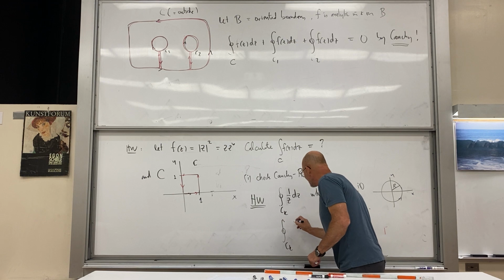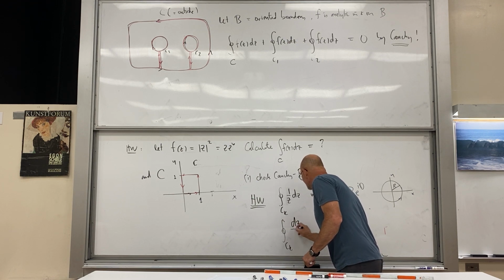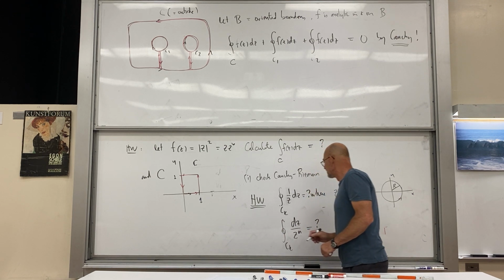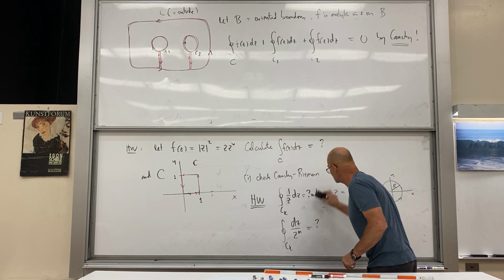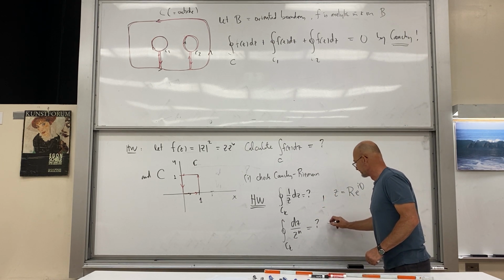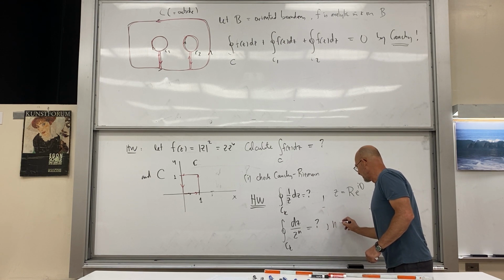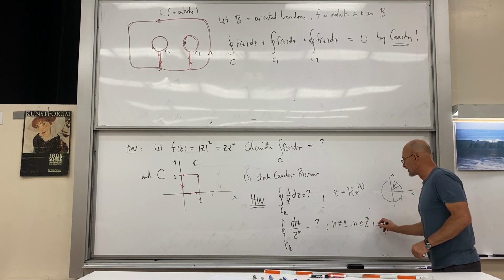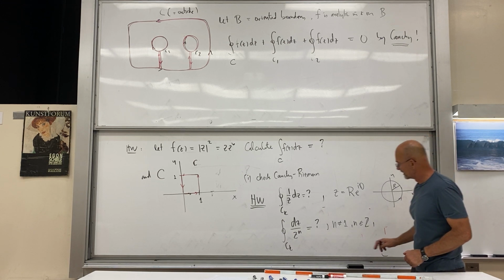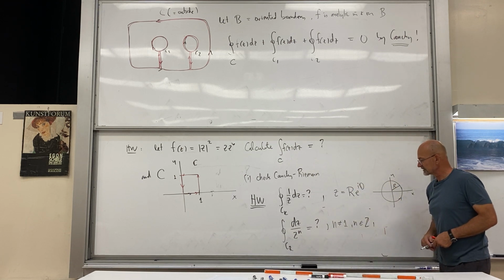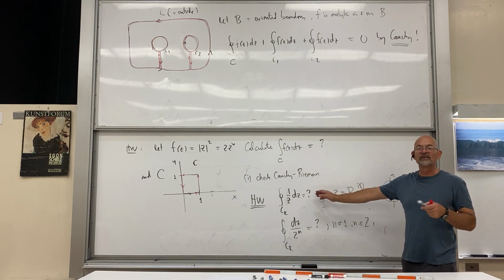Once you've done that, go ahead and calculate dz over z to the n, question mark, and not equal to 1, n's an integer, same contour, c sub r. Very important integrals, easy to do.